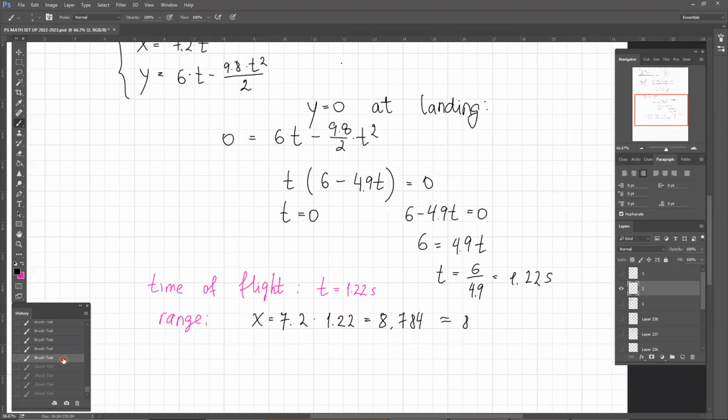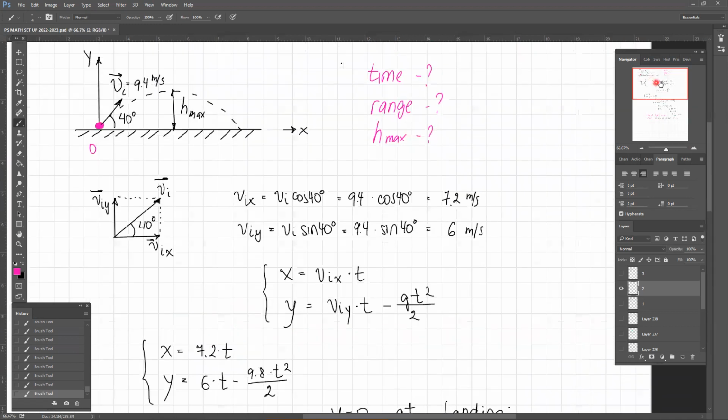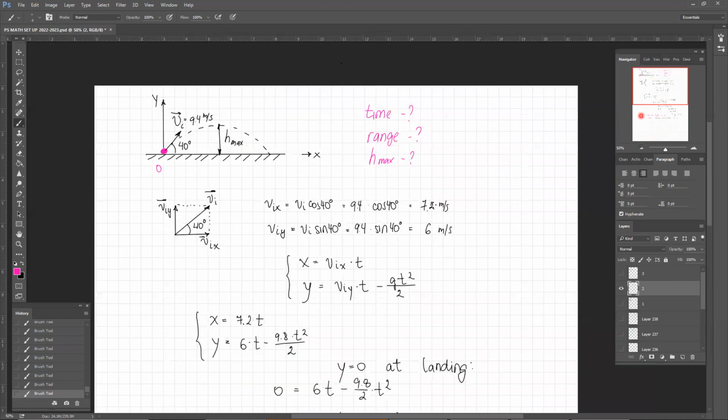Or how about I do it in pink? Okay, so lots of good things we found. Time and range. Now we need to find the maximum height.